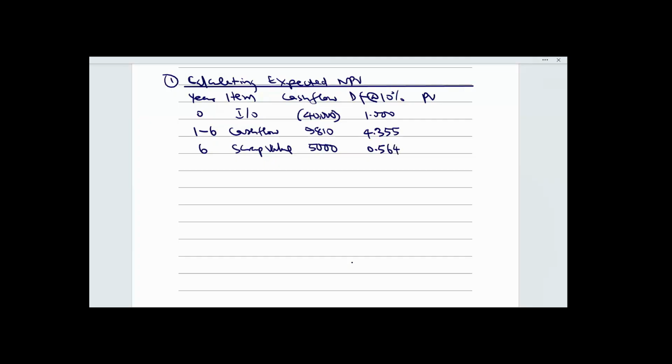So we need to calculate the present value. Multiply. Here is 40,000. This one should be 42,722.5, that's 42,723.